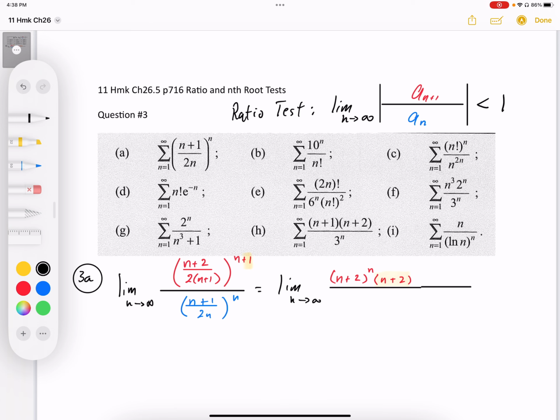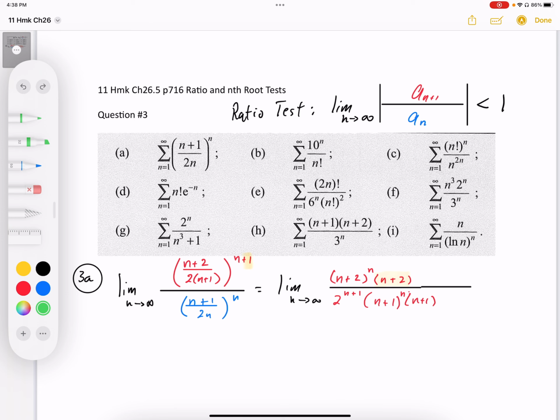Okay, and then the 2 times n plus 1. So we're going to get 2 to the n plus 1 times n plus 1 to the power of n plus 1. Again, I'm just going to bracket that like this, n plus 1, and that just allows me to keep track of some factor terms.